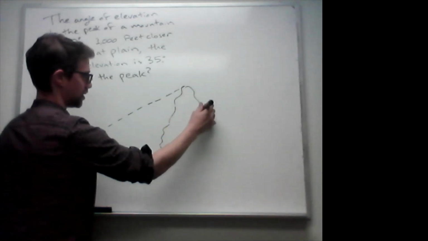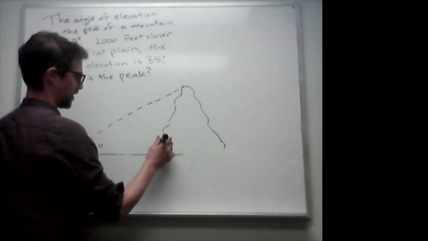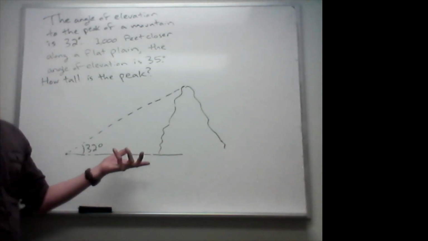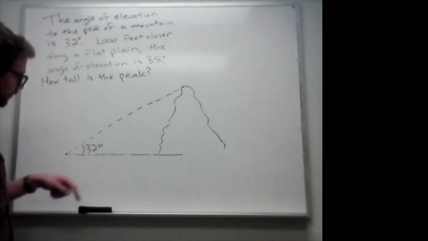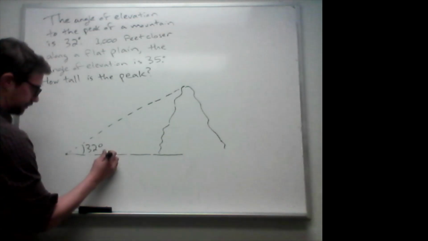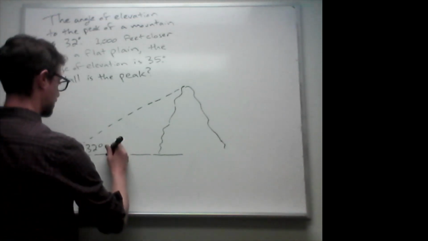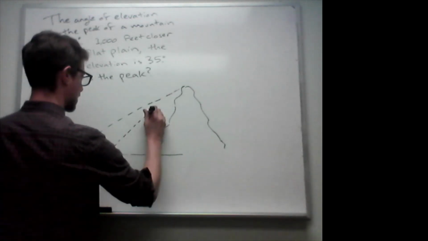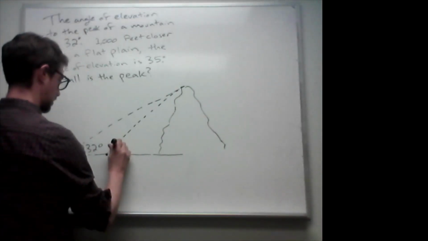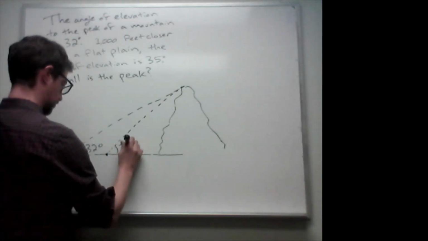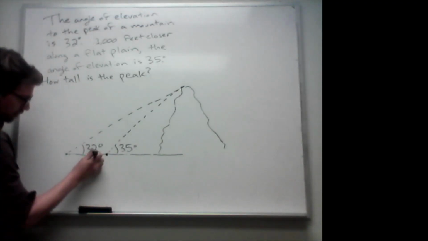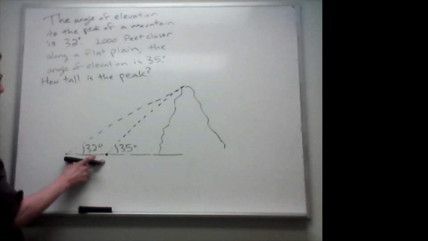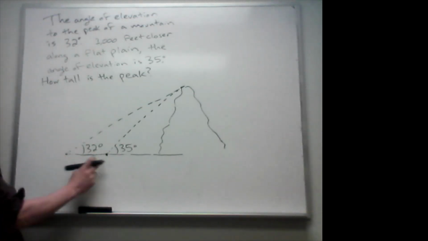If it was, then this would be a right triangle. But that's not very realistic anyways, right? So now we're saying, okay, that's 32 degrees. We walked 1,000 feet. So let's say we walked to here. Took another measurement to the peak. And we found that to be 35 degrees. And then the only other measurement we have here is that the distance we walked between here and here is 1,000.